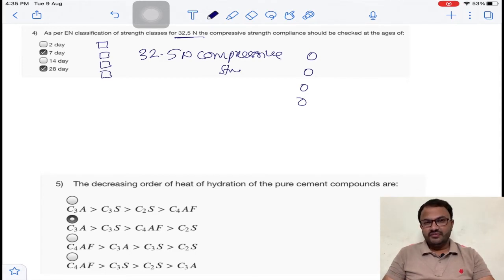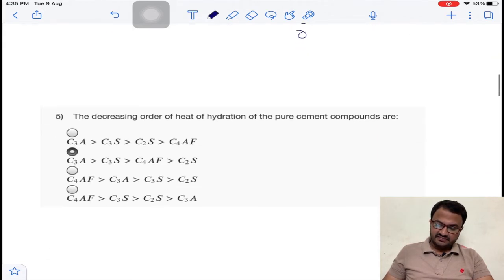From the past 2-3 years, there are 2 to 3 multiple answer questions in the GATE examination. These types of questions are generally in the IIT JEE exam, but recently they have been included in the GATE exam as well. For this question, the strength of concrete or cement paste is generally checked at 7 days as well as at 28 days. So that is the answer for question number 4. It has 2 answers, not only one.